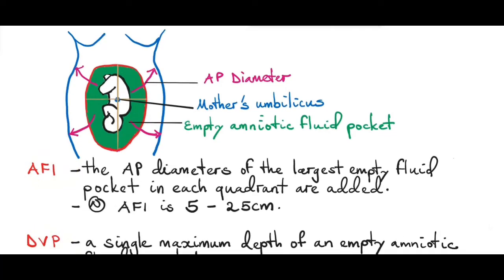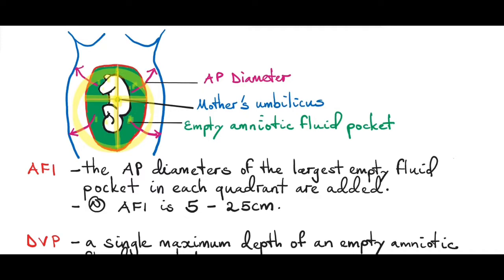As you can see in the diagram here, you have the mother's abdomen, the mother's gravid uterus, and that's the mother's umbilicus. We use the mother's umbilicus to divide the abdomen into 4 quadrants. So to measure the amniotic fluid index, you have to add the amniotic fluid in the 4 quadrants together.